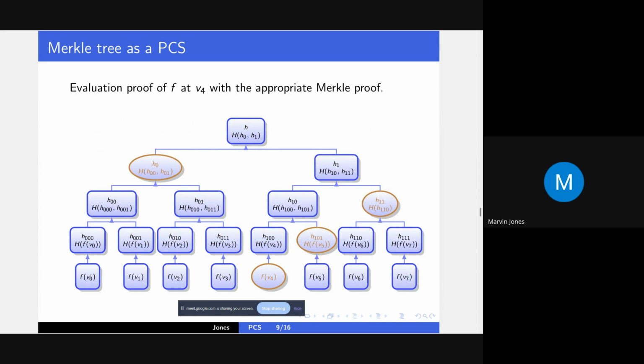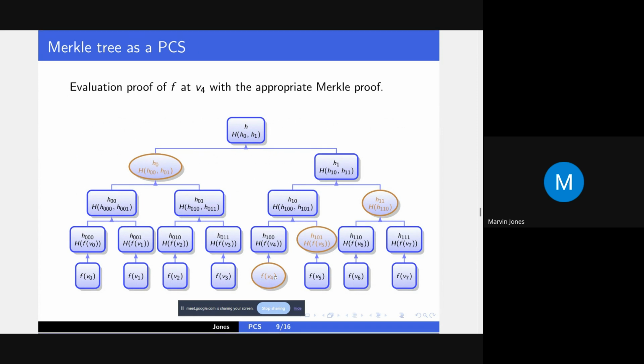So I'm taking these evaluations and hashing them, and then H000 is a leaf, H001 is a leaf. This is just there for thinking purposes. Then the hash of two siblings gives us this one, and we work our way up taking concatenations.